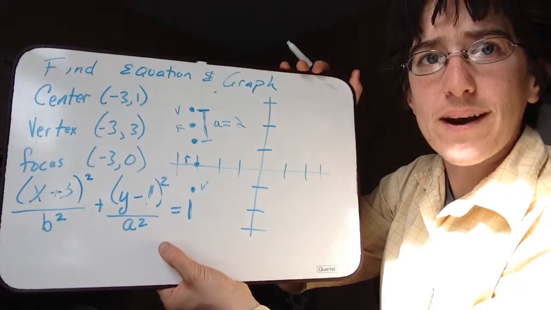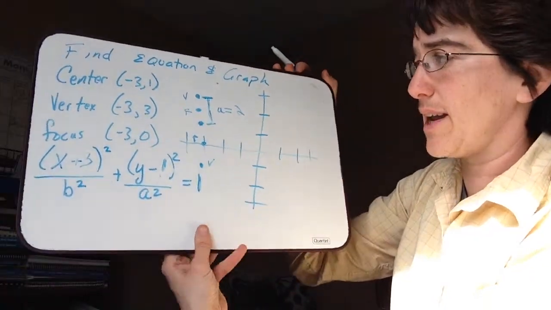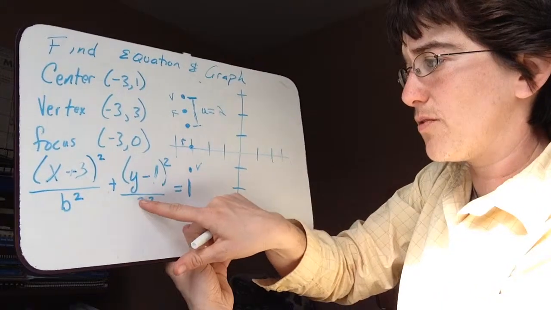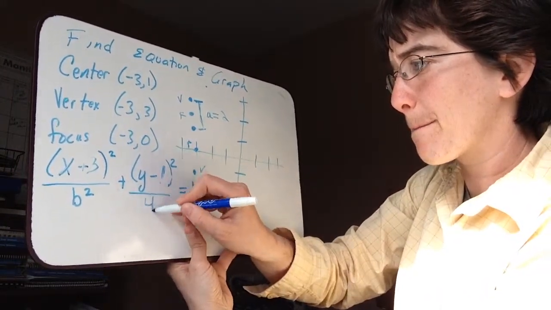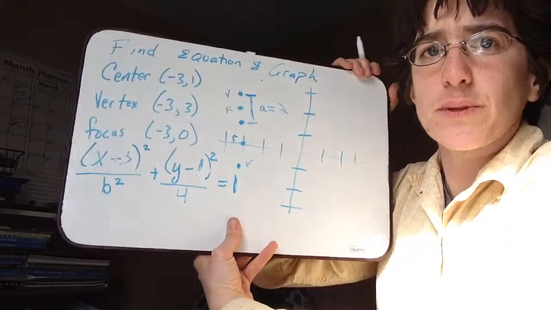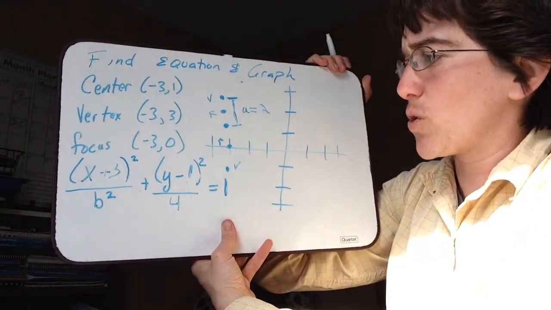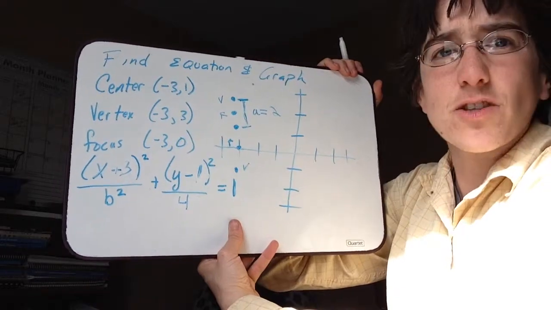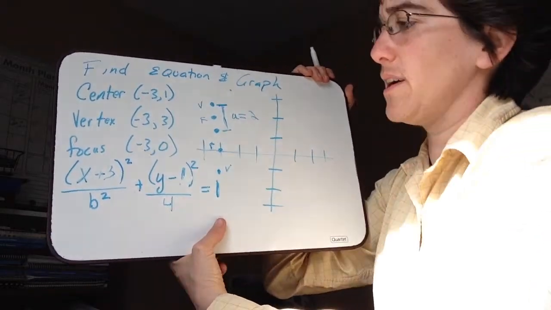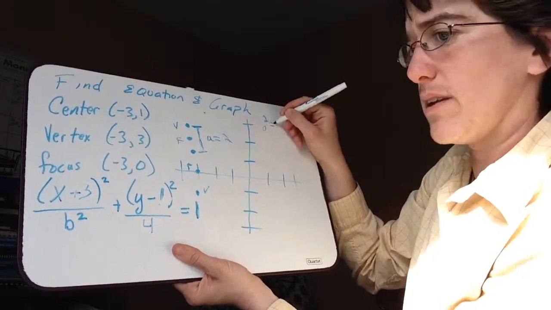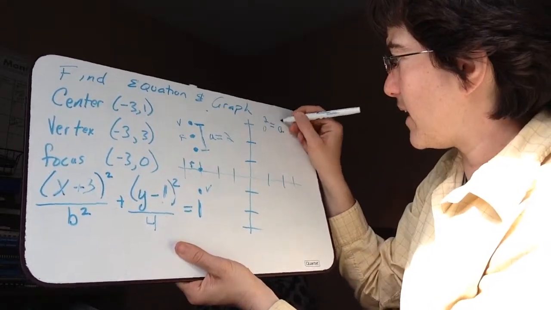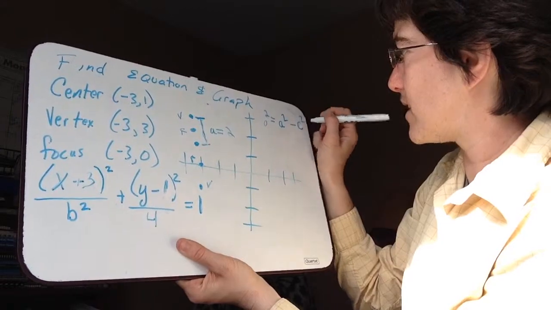So 2 squared would replace my a squared with a value of 4. Now, I have to solve for b. The way I solve for b is I know that b squared is equal to a squared minus c squared.